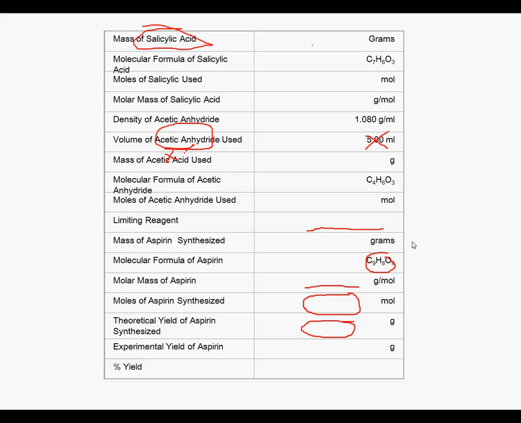You're going to take this number right here and divide it by this number right there, times 100, and that gives you your experimental yield of aspirin. So what you're trying to figure out is how much aspirin you got, and you put that in here after multiplying by 100.